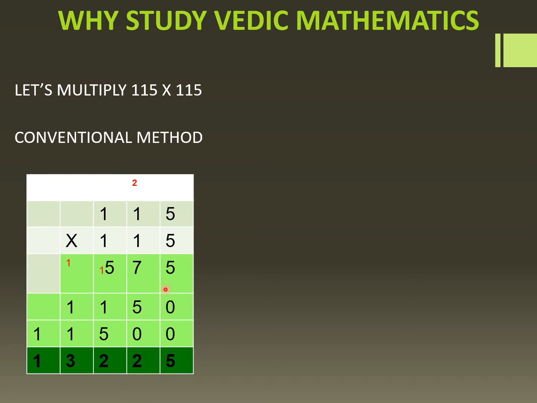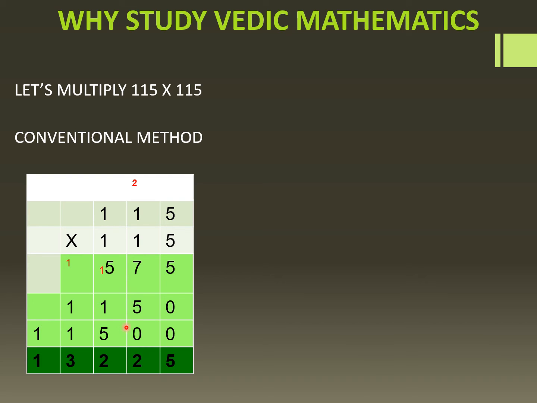The next step, we add a 0 and we multiply 1 with 115. So let's start. 1 5s are 5, 1 1s are 1, 1 1s are 1. The next step, the third step, first we add two zeros and then we multiply 1 with 115. So we have 1 5s are 5, 1 1s are 1 and 1 1s are 1.